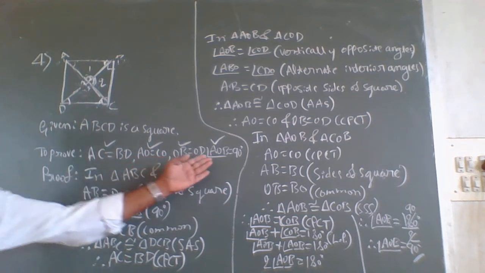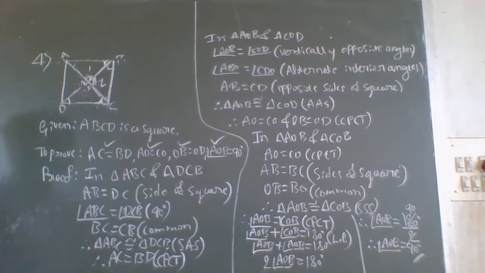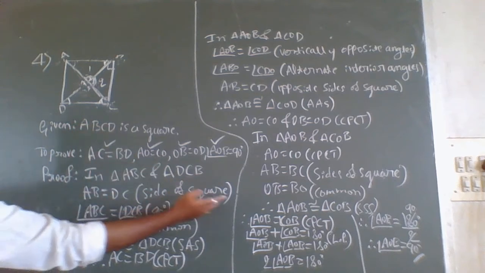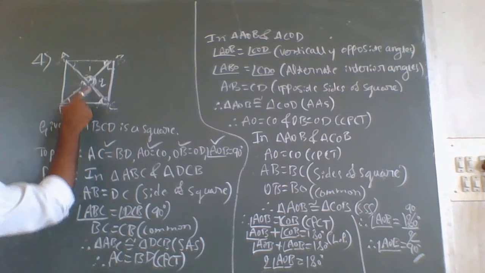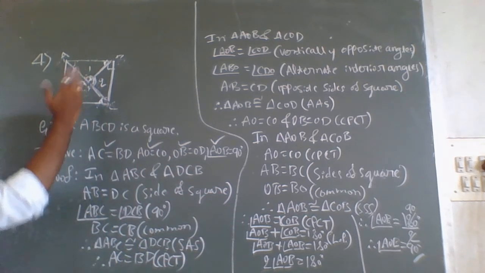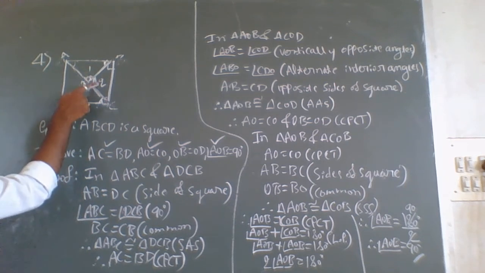Next, the remaining one is we have to prove the 90 degree right angle. So here I will consider triangles AOB and BOC. If these two are congruent, we know that AOB is equal to BOC because of CPCT. Corresponding parts, these two angles should be equal to each other, and these two angles are on the same line.